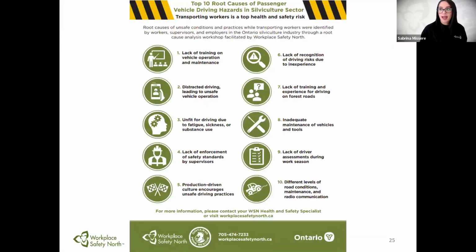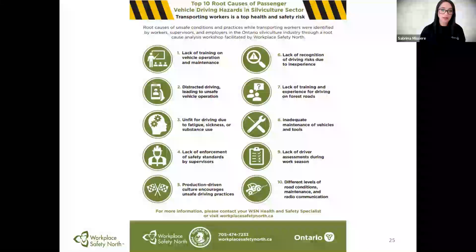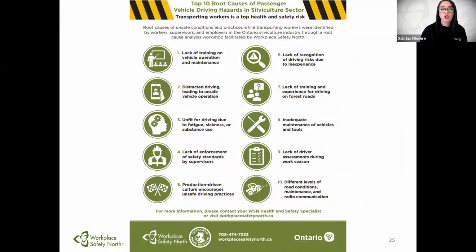Looking next at another infographic. At the beginning of the session, I mentioned that driving hazards captured 40% of the top 10 risks, and that the 2023 logging sector risk assessment had focused on driving hazards. Our group, again, there was a lot of discussion.